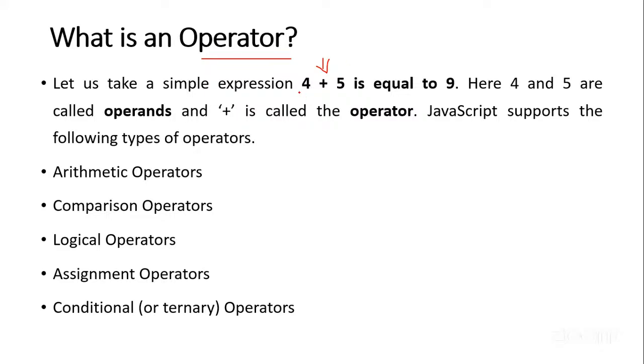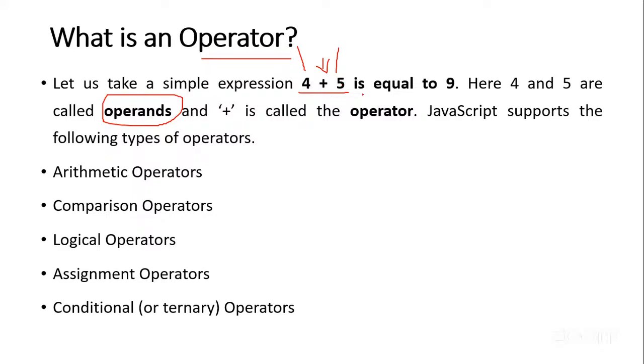So in the expression 4 plus 5, 4 and 5 are called operands. Operand means that on which we are applying the operator.